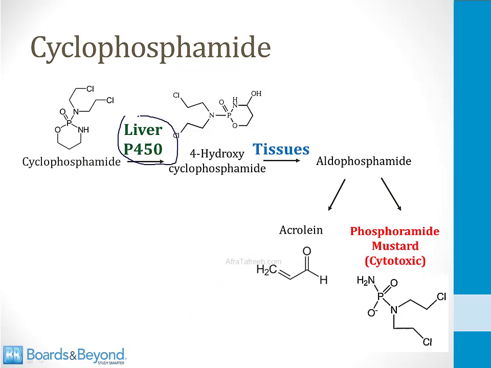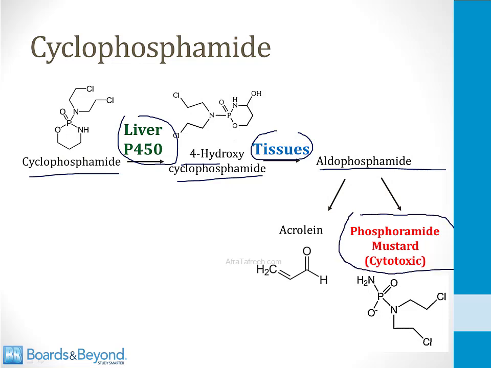The liver P450 system converts cyclophosphamide into a structure called 4-hydroxycyclophosphamide. It then goes to the tissues where it's converted to a molecule called aldophosphamide and ultimately into phosphoramide mustard, which is the cytotoxic active form of the drug. It's also converted into a metabolite called acrolein, which we'll talk about in a minute. Acrolein is responsible for many of the side effects of cyclophosphamide.